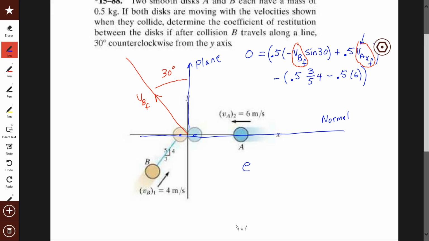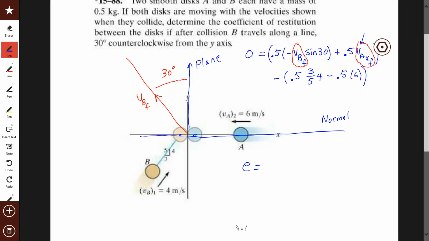The coefficient equals the final velocities divided by the initial velocities, and it's in the normal direction only. Don't ever apply this in the plane direction. It goes one minus the other, and it doesn't matter which one you start with.